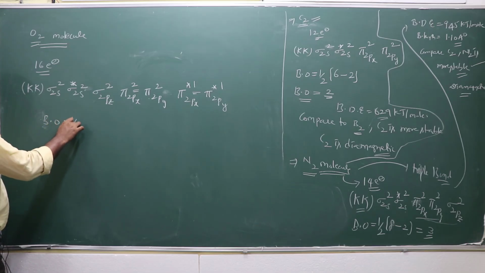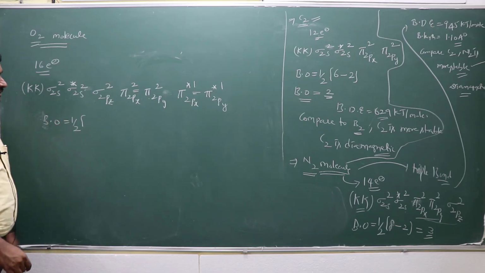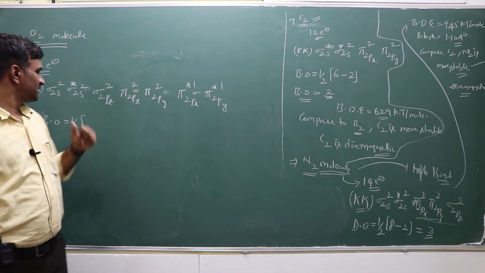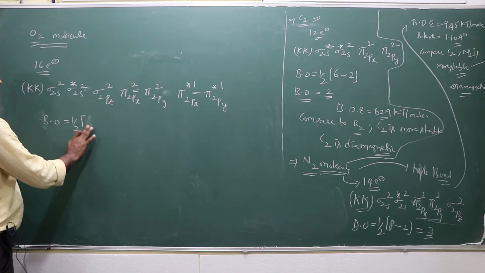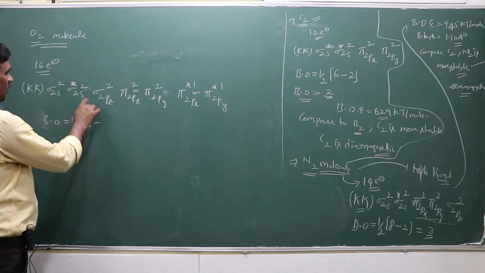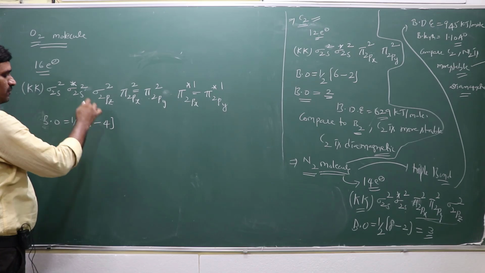So bond order is equal to half into, how many of them is bonding? 8. And how many is anti-bonding? 4.